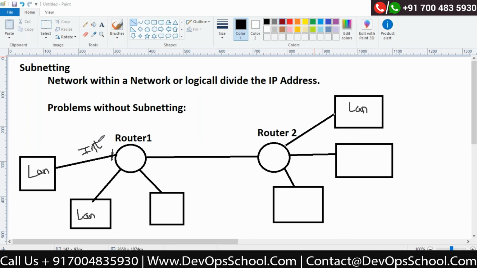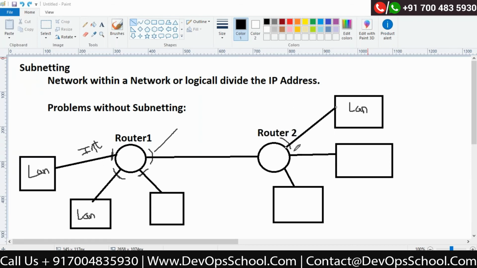Now, there is a thumb rule in such kind of scenarios: every interface of the router. This is also one of the interfaces, but this is called a serial interface. Correct? So I do have this interface, and similarly, I do have the interfaces over here also.